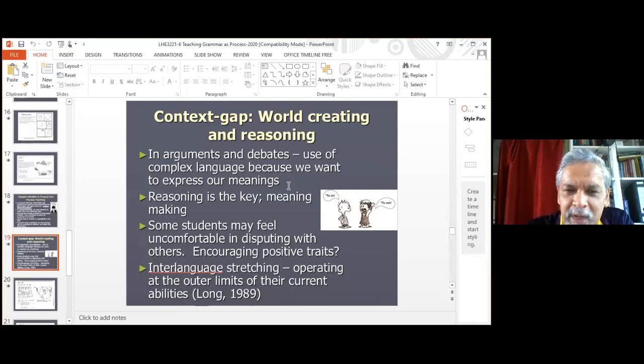So this is also process teaching. Of course, this is rather high level, because we're expecting the students to express their own opinions and things like that. But this is what we have to try to get our students to do eventually, because the topmost ability in using the language is to express an opinion.